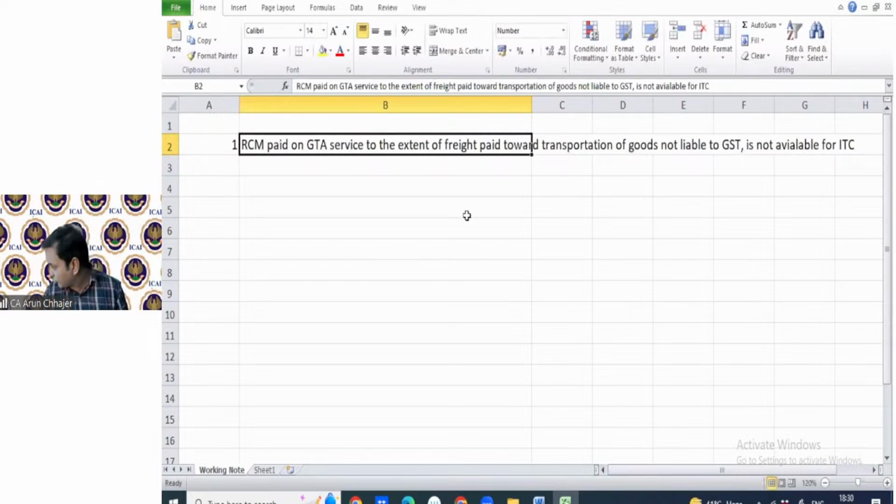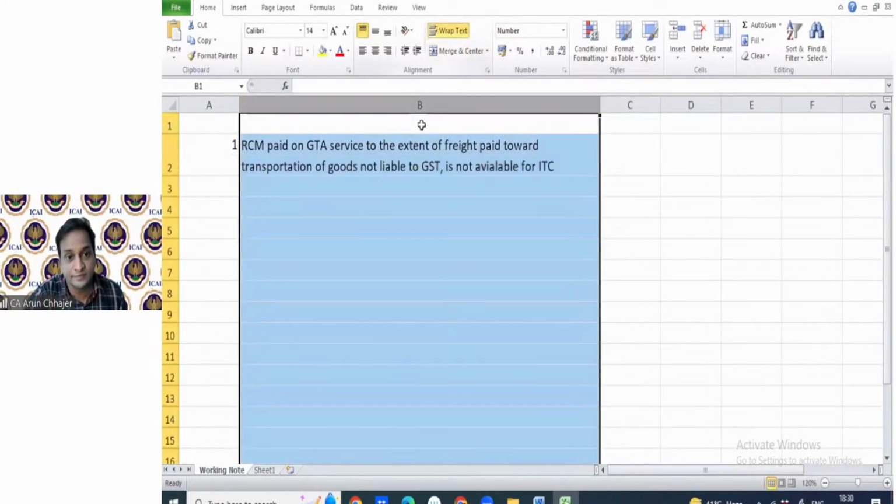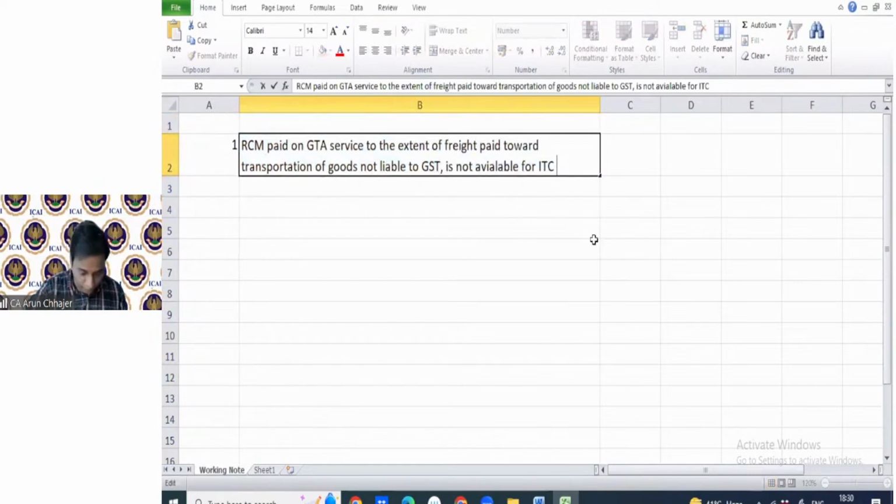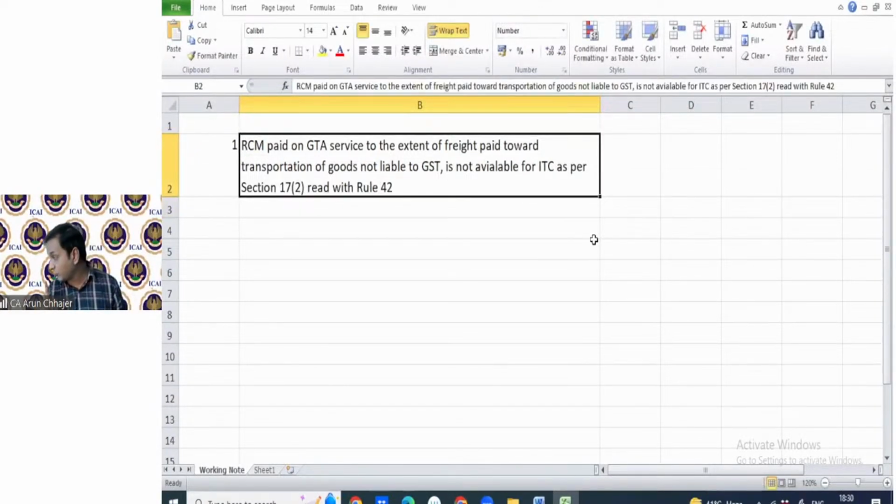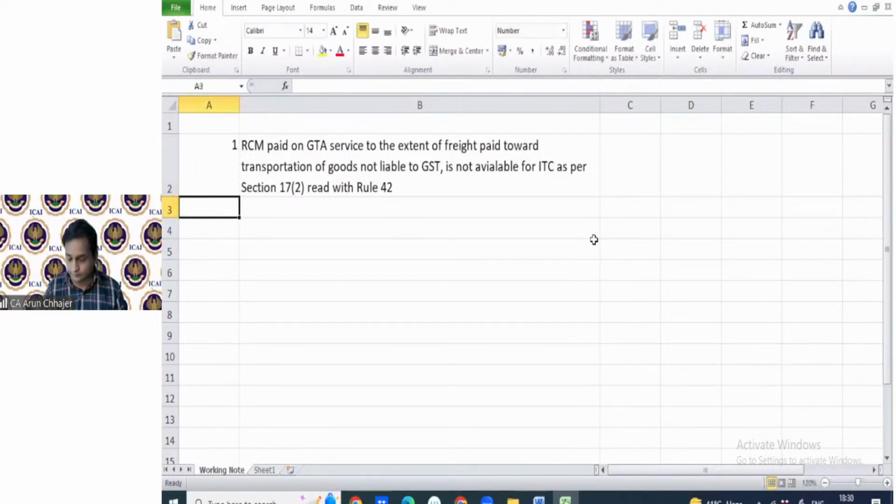So you can also make your own language. I'm just giving you some guideline, that's it. Now you can, if you want, write as per section 17, subsection 2, read with rule 42. Here I'm only using rule 42 because it is an input service. Had it been capital goods, I would use rule 43. Okay.